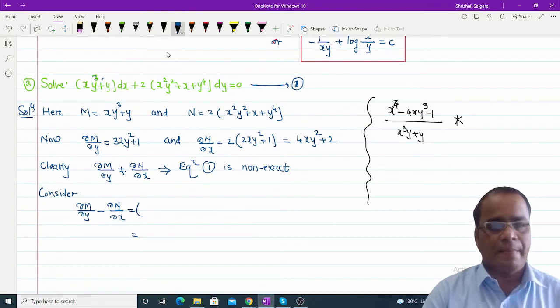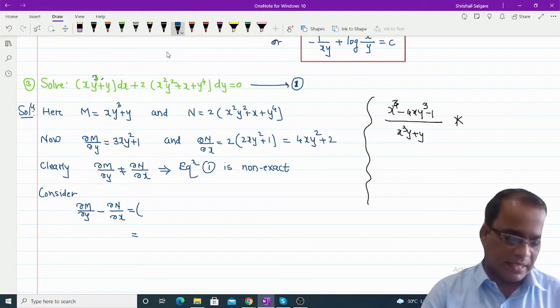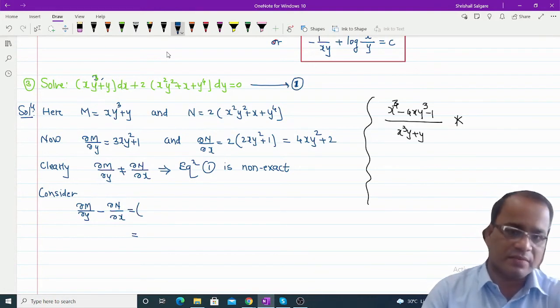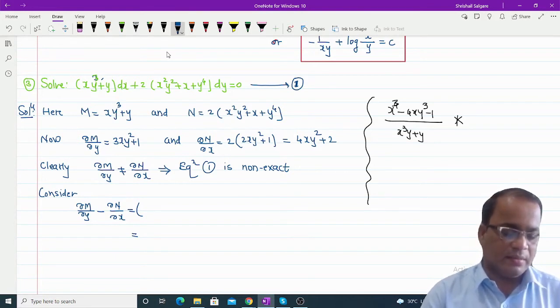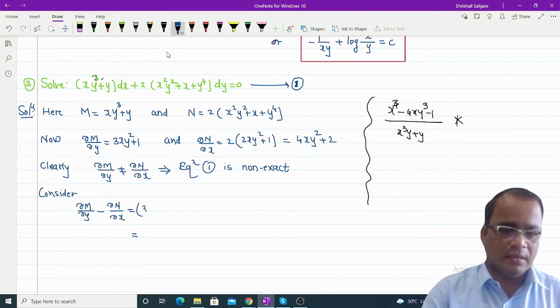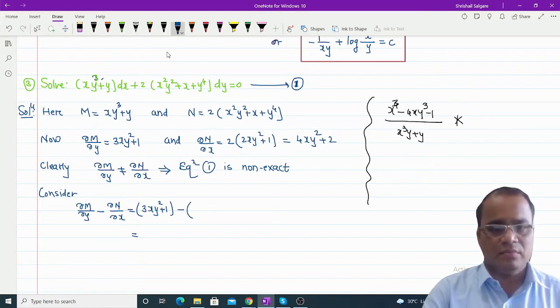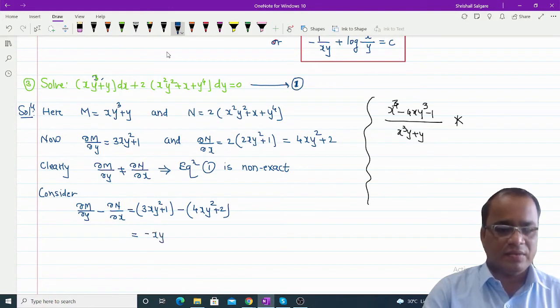Now here, again just a minute. The second term is also divided by 2x square y square plus x. Okay. So 3xy square plus 1 minus 4xy square plus 2. And if you simplify, it comes as minus xy square minus 1.